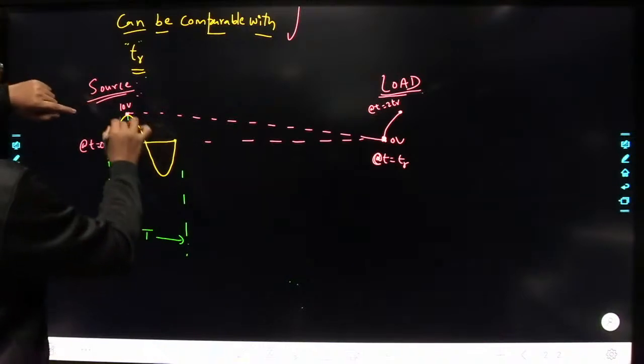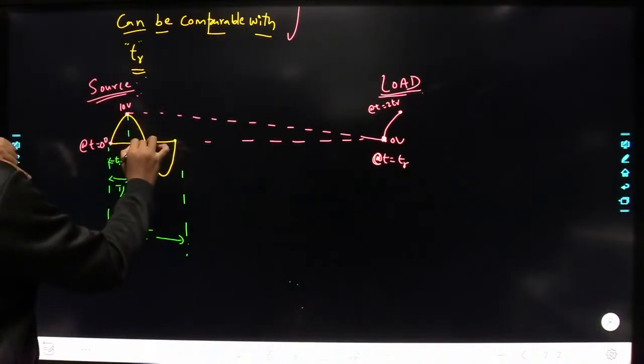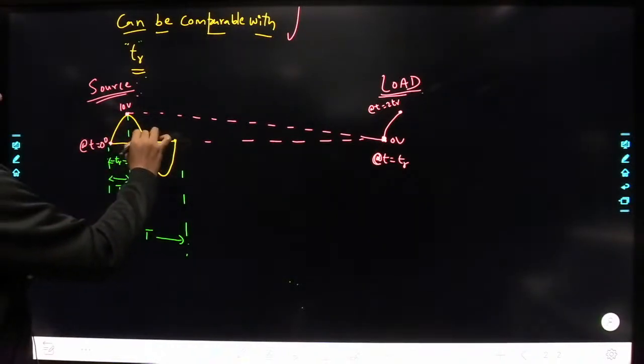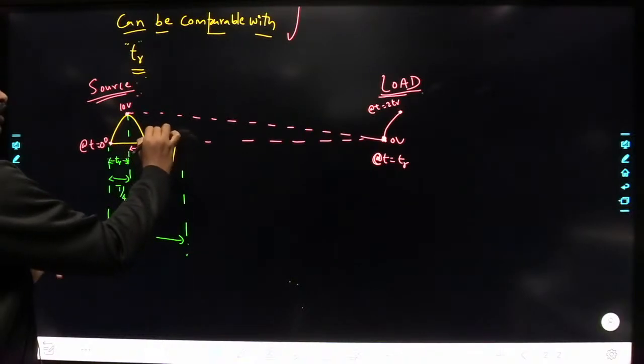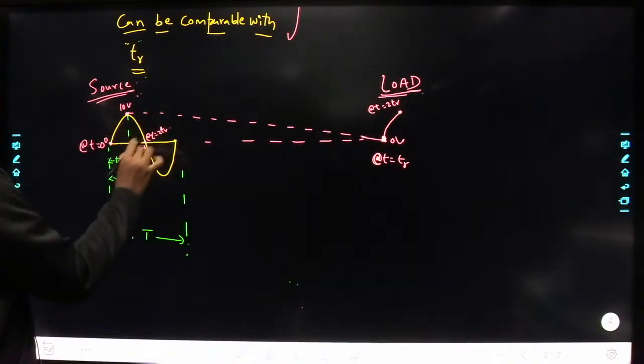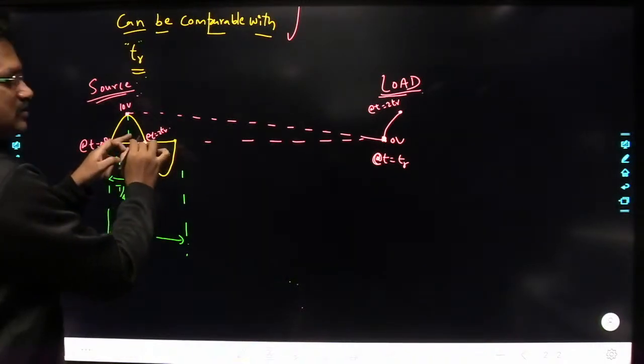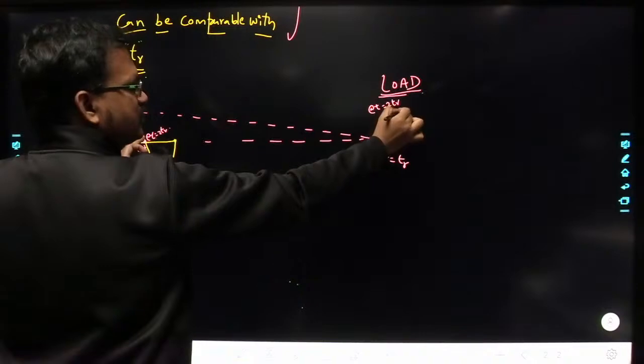So by this time, the signal at the source is going to reach this location, because from here to here it will take TR seconds. So at t equal to 2 times of TR, the signal will be at this location here at source, whereas the signal value at the load will be at this location.